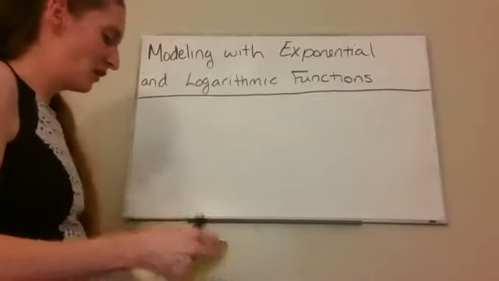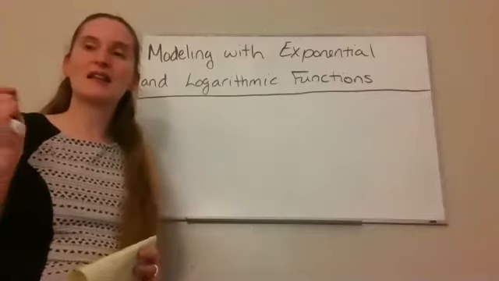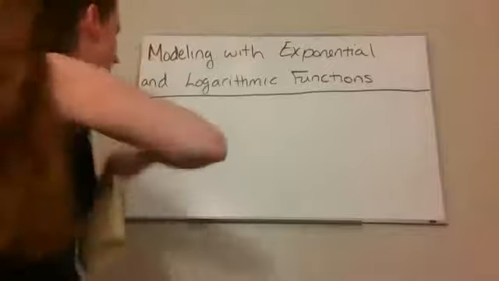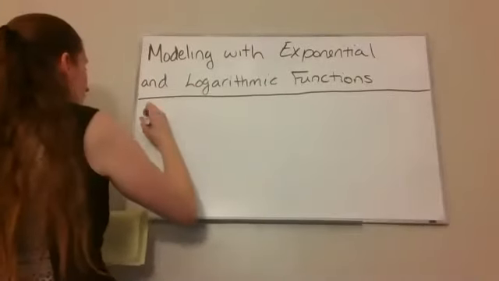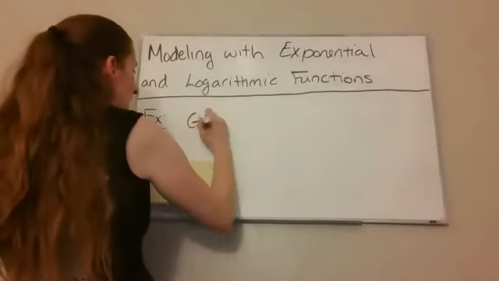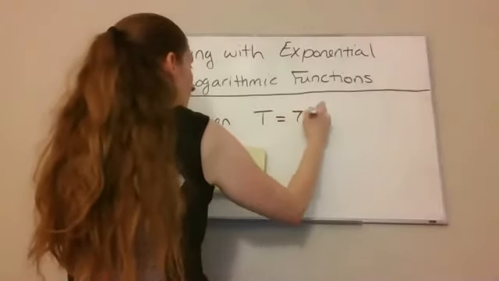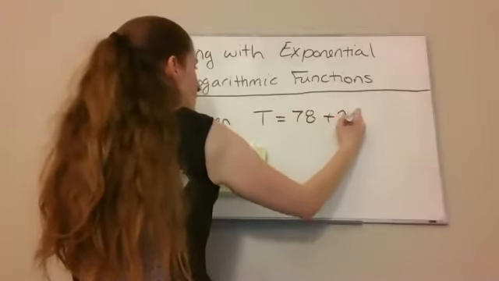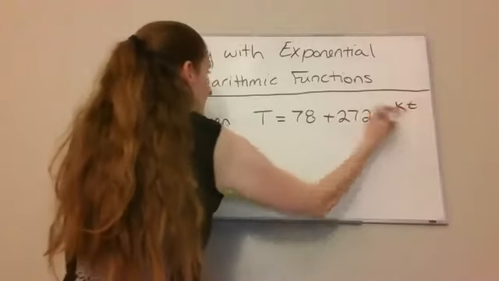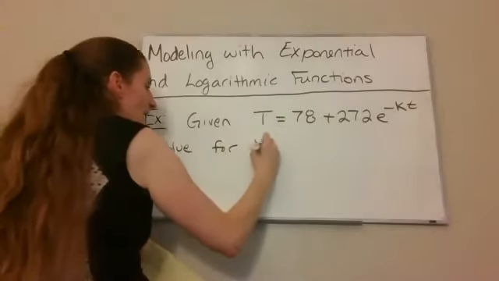So let's begin by not quite having word problems yet, but just practicing solving different equations for different variables. Just a quick example as a warm-up. Given the equation T equals 78 plus 272 e to the negative kt, solve for k.